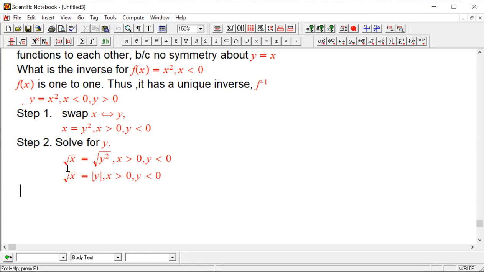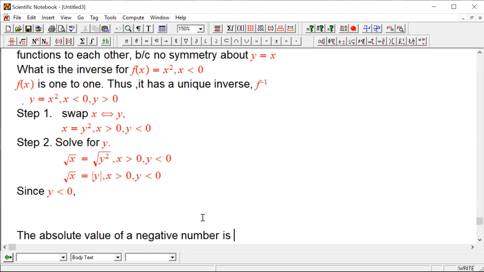Since y is negative, recall that narrative. I'm going to write it down over here. The absolute value of a negative number is its opposite.